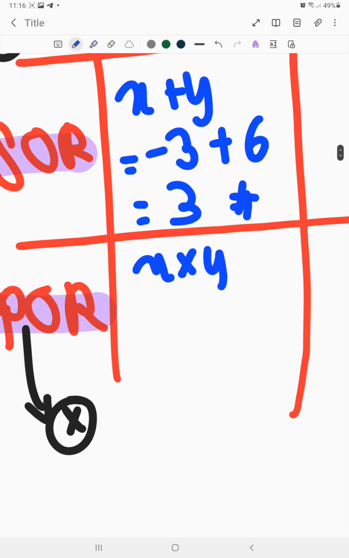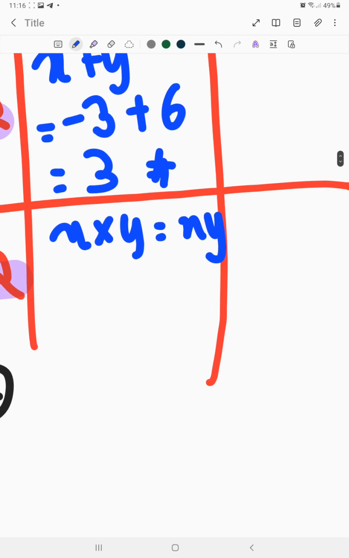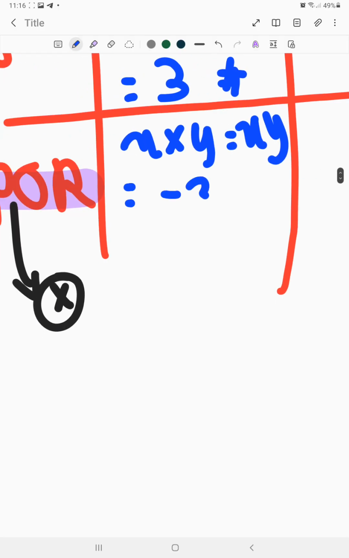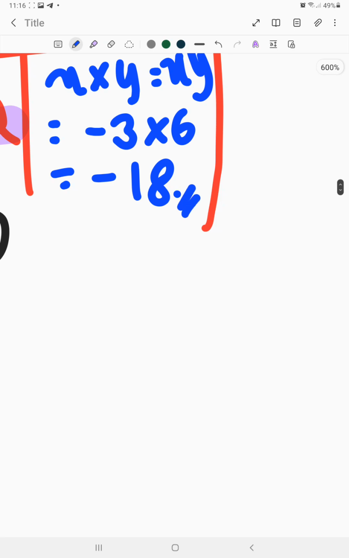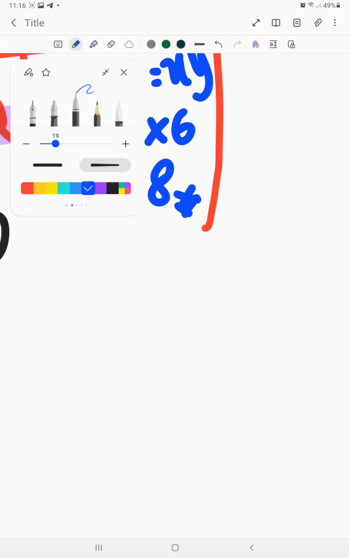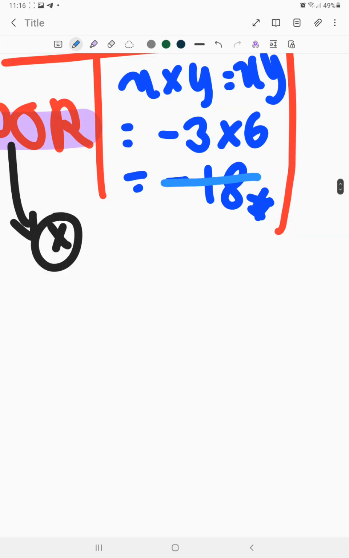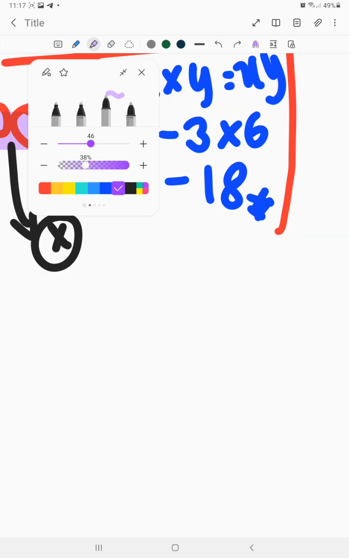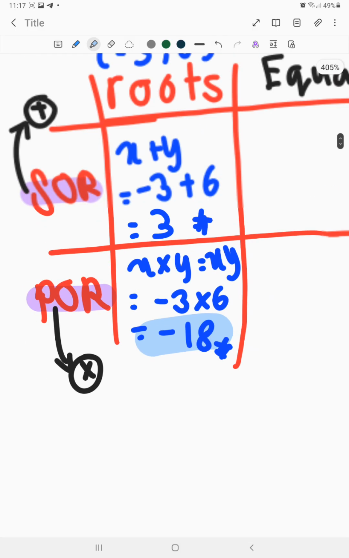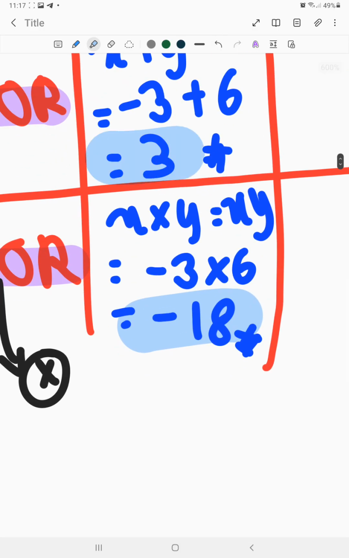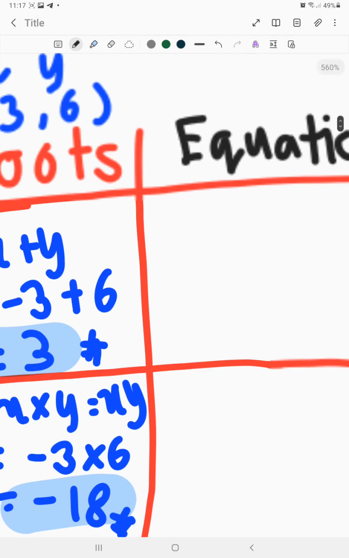So x times y, xy, is -3 times 6, which is -18. I'm going to highlight these answers: -18 and 3.